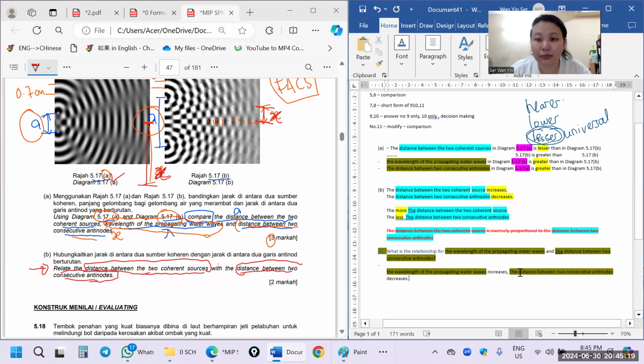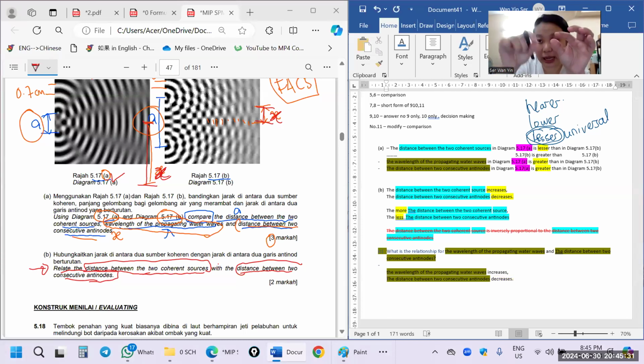Understand? So this is your sentence. You can make your sentence in one long sentence with a comma, then continue. But I purposely make it half so that you can see increase, decrease. Understand?